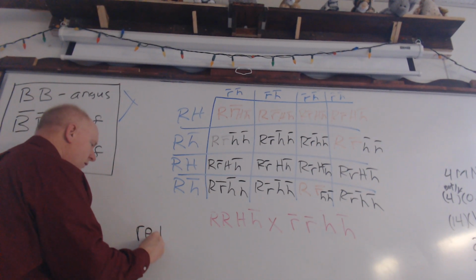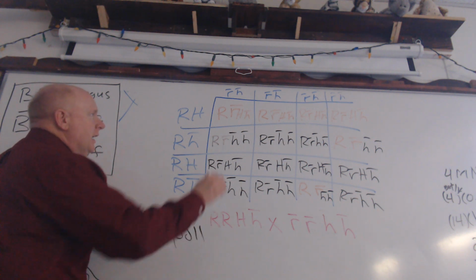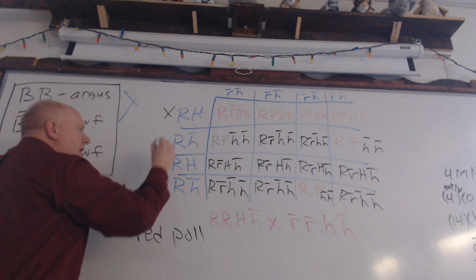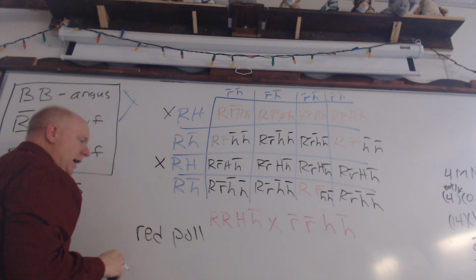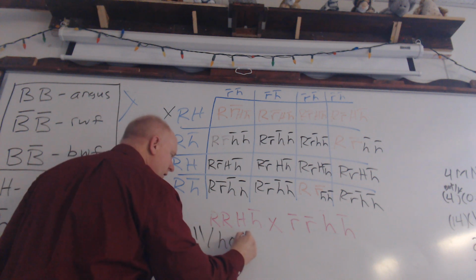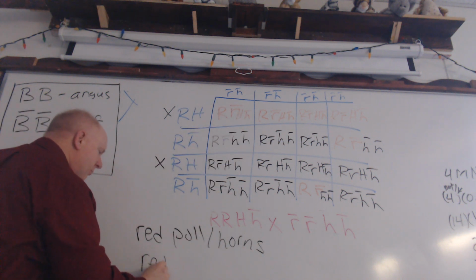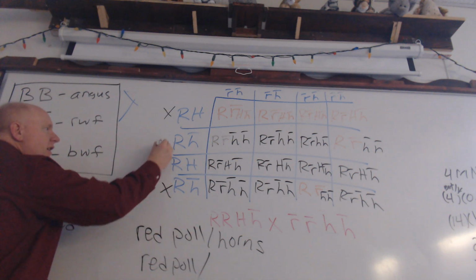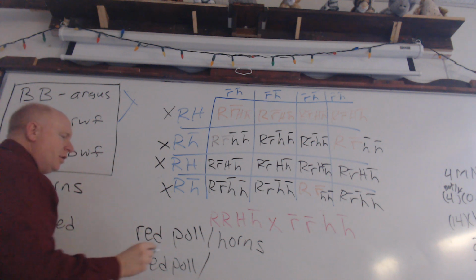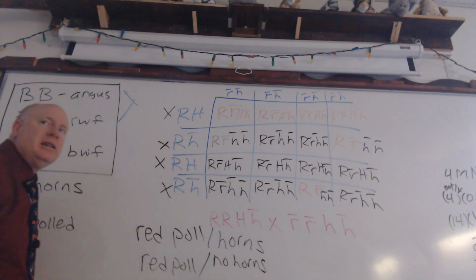Red pole. Okay? And in this line and this line, do horns show up? Yes. Red pole and horns. Okay? In each and every one of these boxes, we still have red pole. But in this line and this one, there's no horns. So that we come up with an 8 to 8.